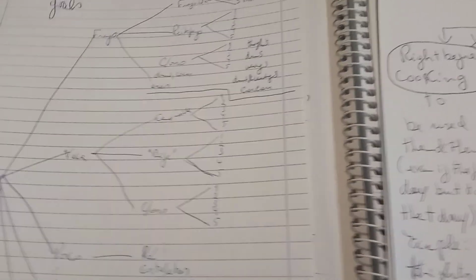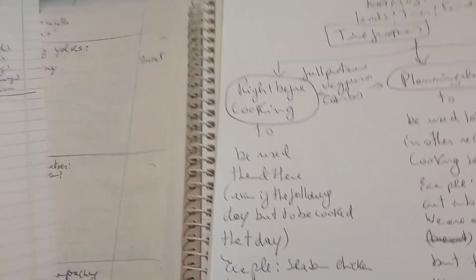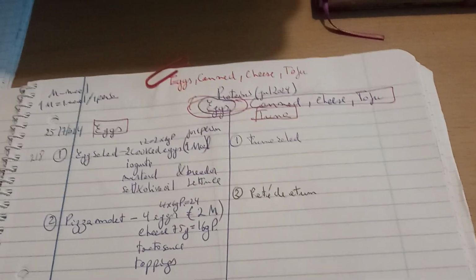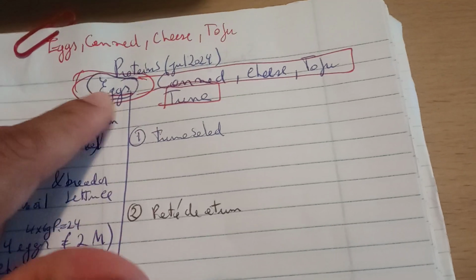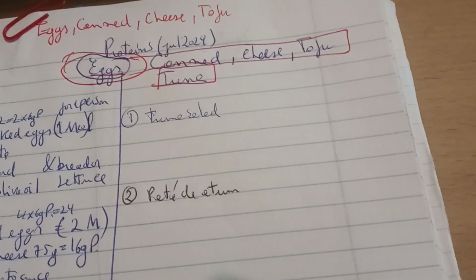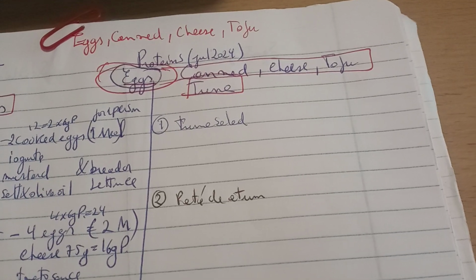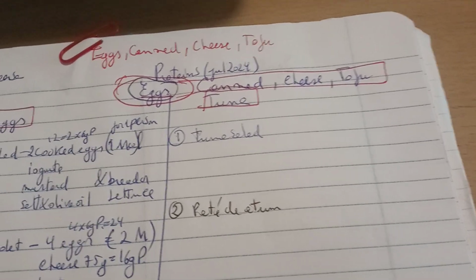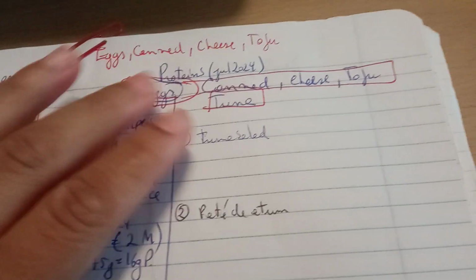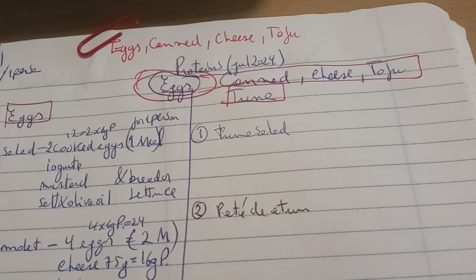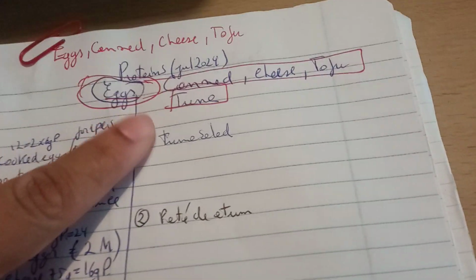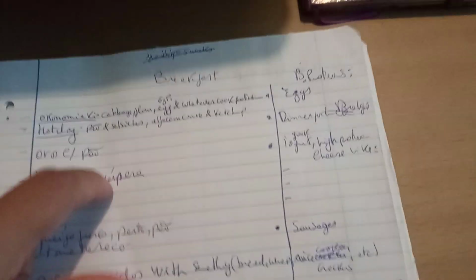The implementation of the idea is a little bit harder because it takes doing it for each protein source. So for instance, for eggs, then this is the eggs, canned food, dairy, tofu, and I'm going to add something in here. I don't remember what it is, but for now it's eggs, canned food, tofu and dairy. And in the tuna, I have tuna salad, and I have the notebook.